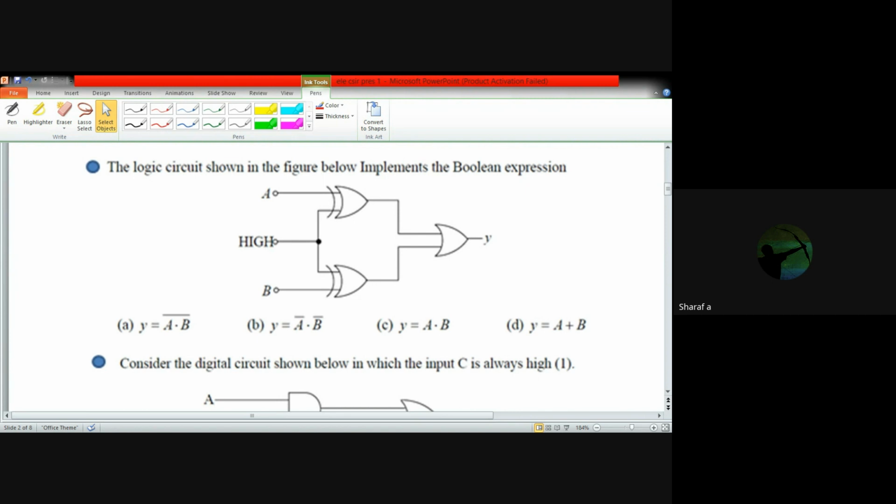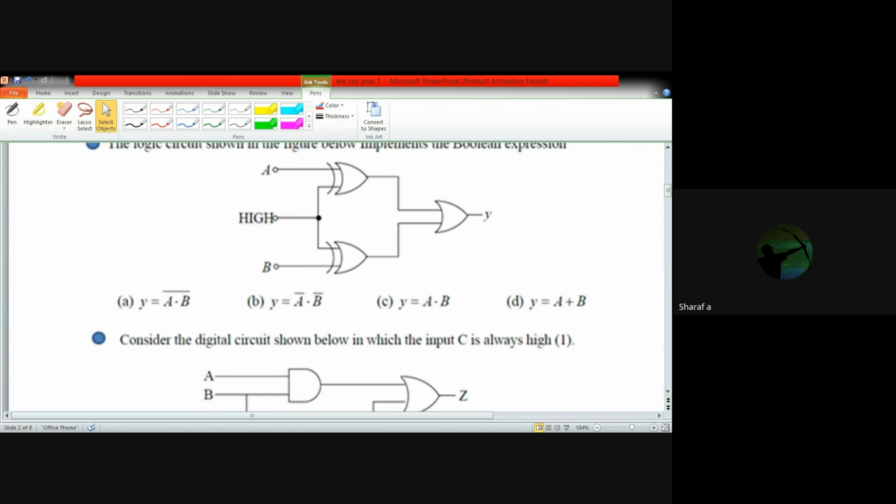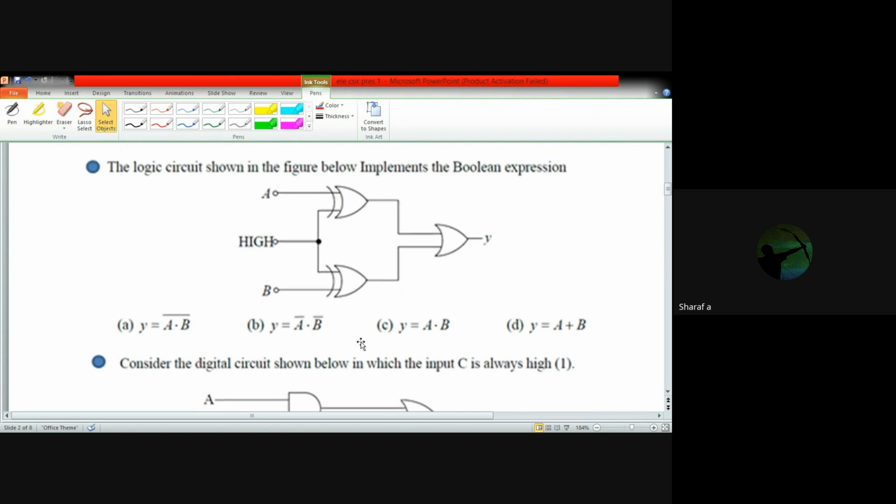Just draw this diagram and try to do this within one or 2 minutes. Or I will just do this first one. You can also do it by yourself.